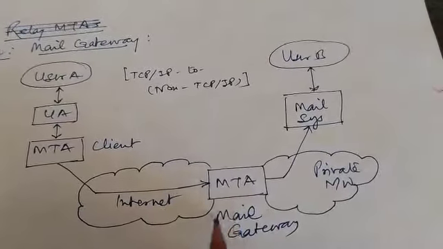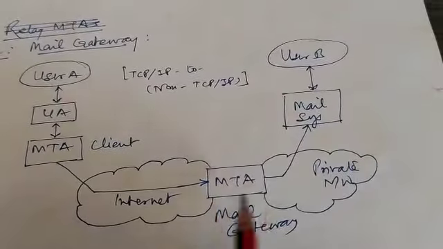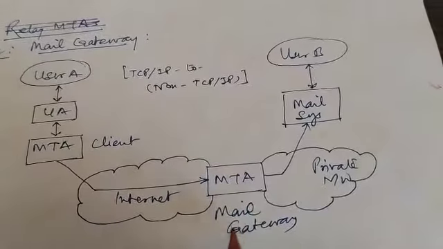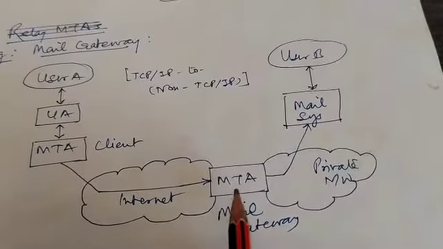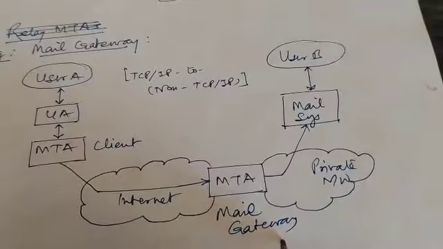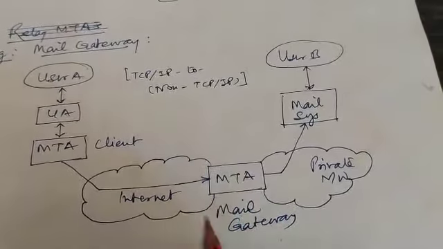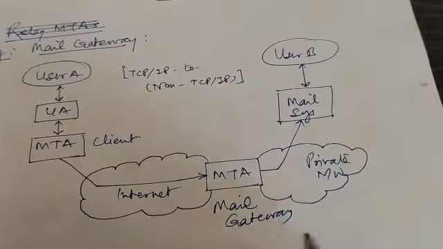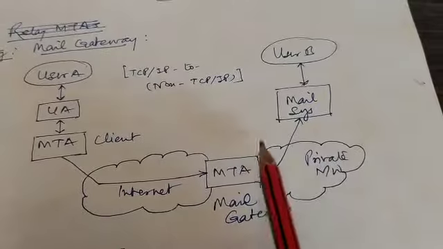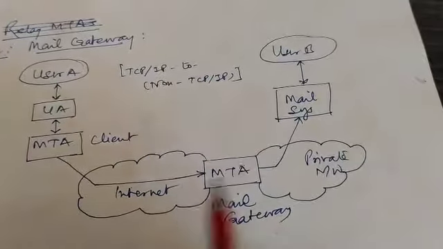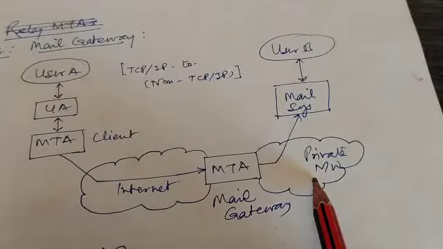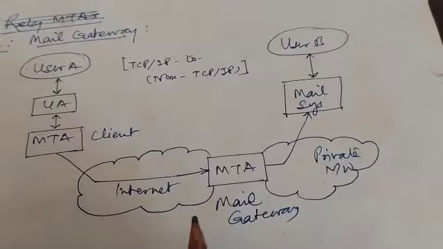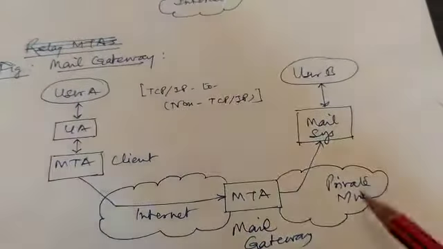To have compatibility, we have in between the MTA mail gateway. This mail gateway is responsible for providing compatibility between these two networks, say internet and the private network. Fine, the required transformations will take place so that they are in sync for communication.